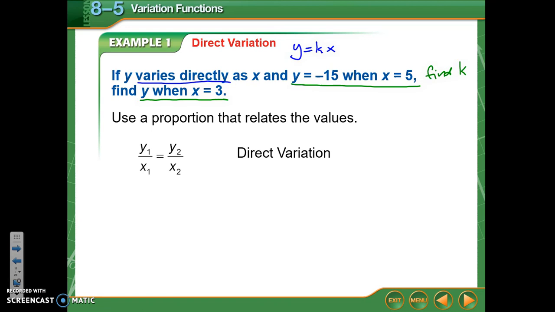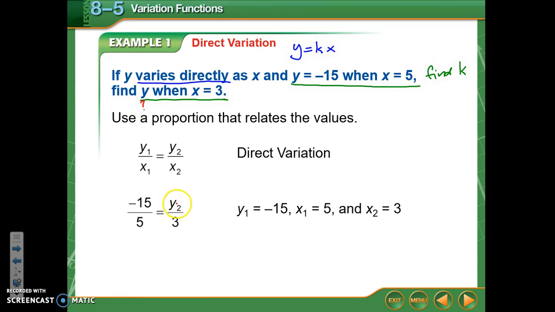So when I do direct variation, there's actually two ways to go about it. When I have direct variation, I'm going to have a proportion that's very direct. So y over x has to equal y over x. So my first ordered pair, negative 15 over 5, has to equal my second ordered pair. But I don't know my second y, right?